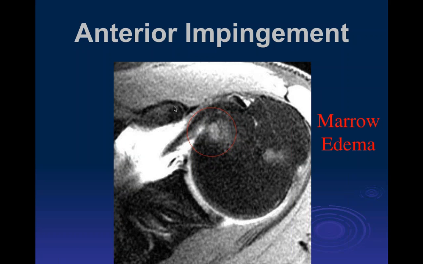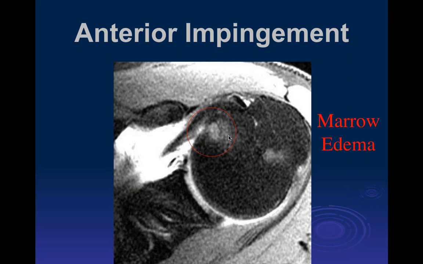Yeah. Okay. So here's the coracoid process here, and one thing that seems to be a pretty good correlate of symptomatic anterior impingement is if you have marrow edema in the lesser tuberosity, presumably this is due to impaction from the coracoid process here.